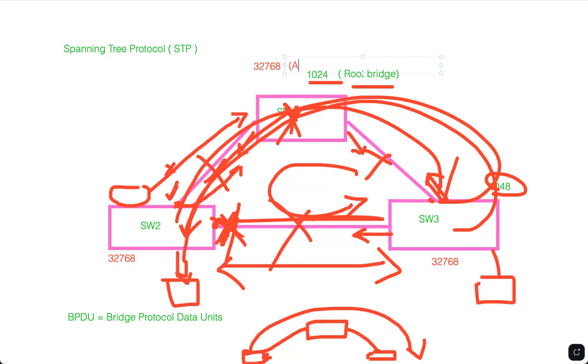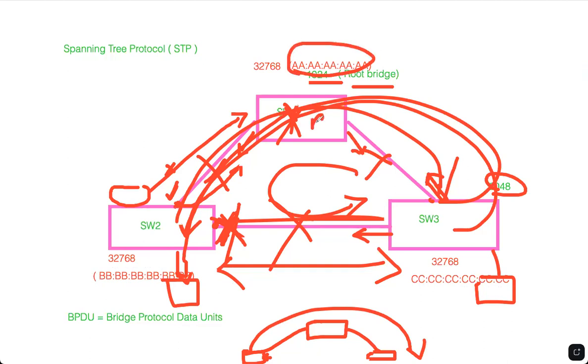For example, this one is all A's. This one is all B's. This one is all C's. So here in this case, this one is the lowest bridge ID, lowest MAC address.